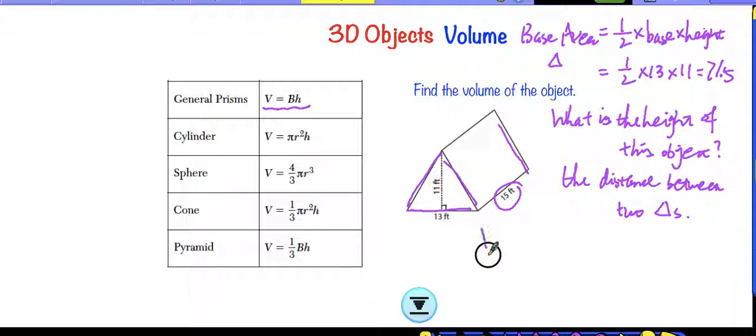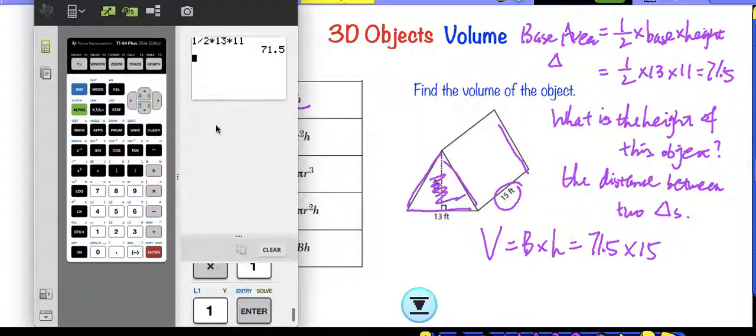We're not finished yet. We are talking about the volume. So once we have the base area, this is capital B, and times H. So 71.5 is our base area, this. And then we times the height, which is 15. Okay, so let's go back to our calculator. So we already have 71.5, we just need to times its height, which is this.